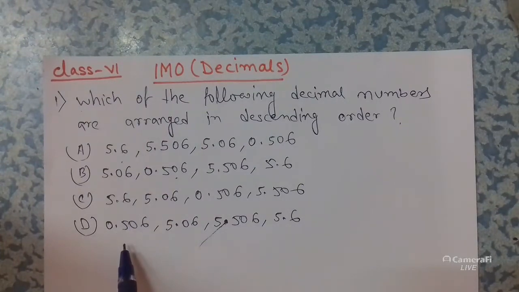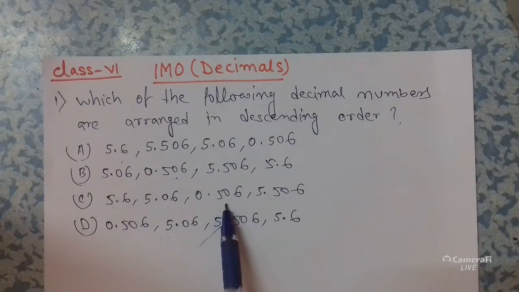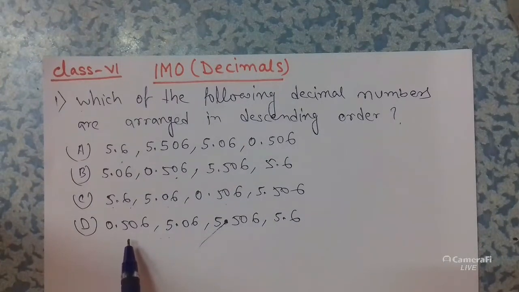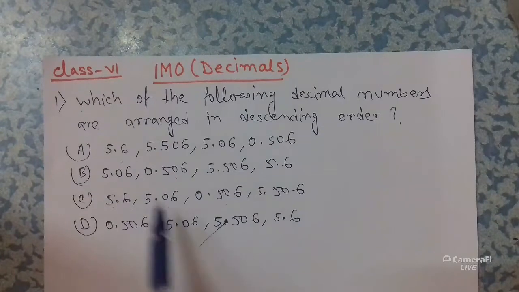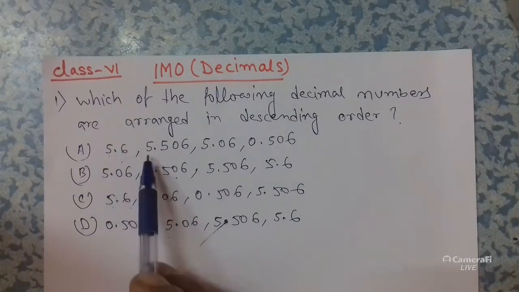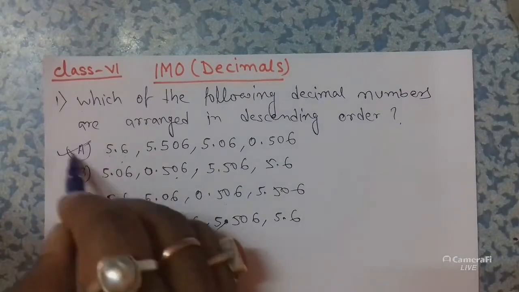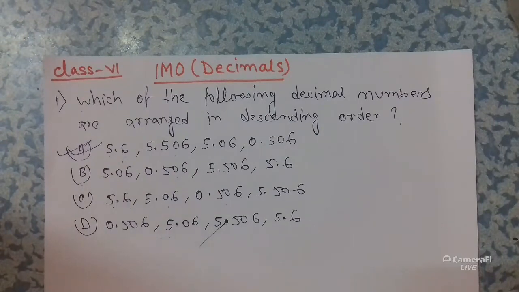And the third one is 5.6, 5.06, then 0.506, then 5.506. So among these, the first one is 5.6, 5.506, then 5.06, 0.506. Option A is the correct answer. Option A is arranged in descending order.